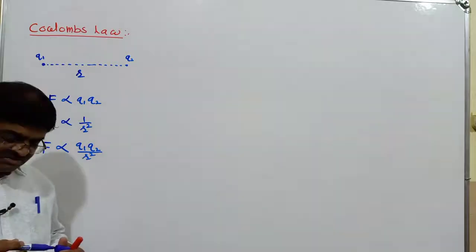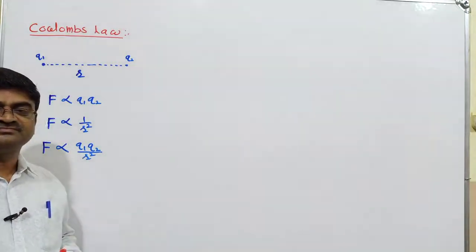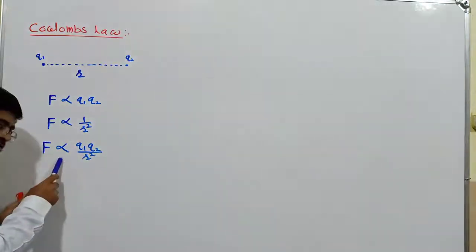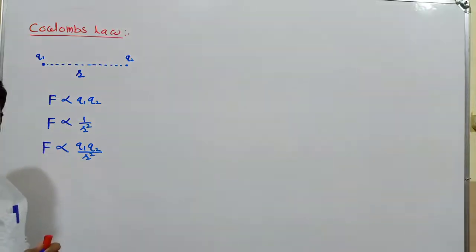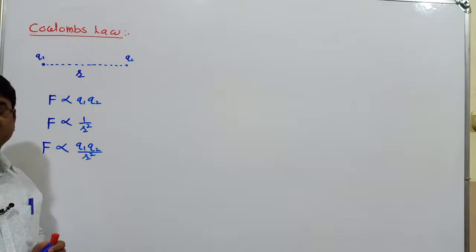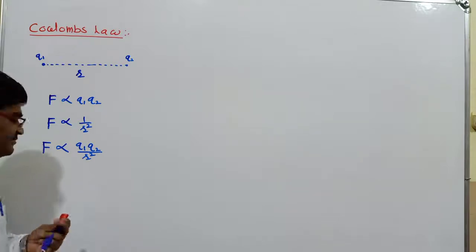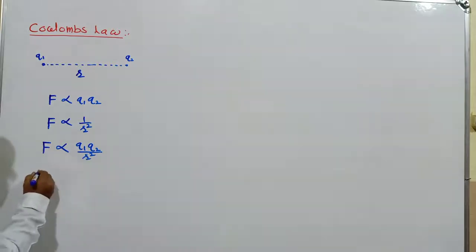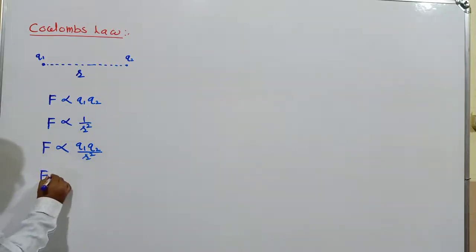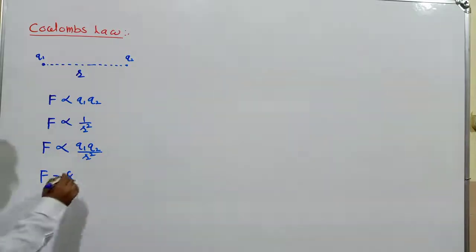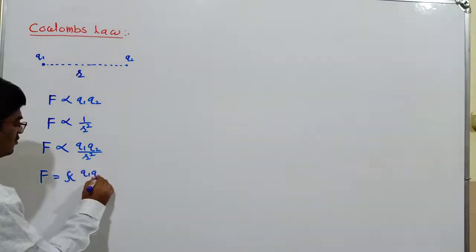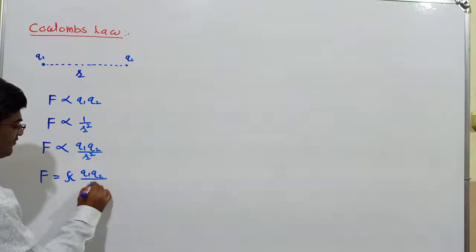And even yesterday I had mentioned, any equation we don't prefer to have with a proportionality sign. Rather, when studying physics, we try to get it into an equal to sign. That's what I had done. While doing so, I had taken one constant multiplying Q1 Q2 divided by r square.